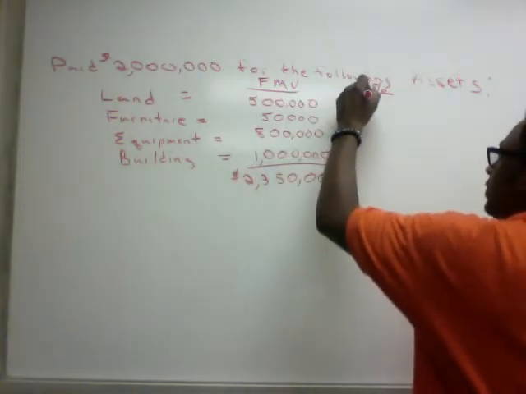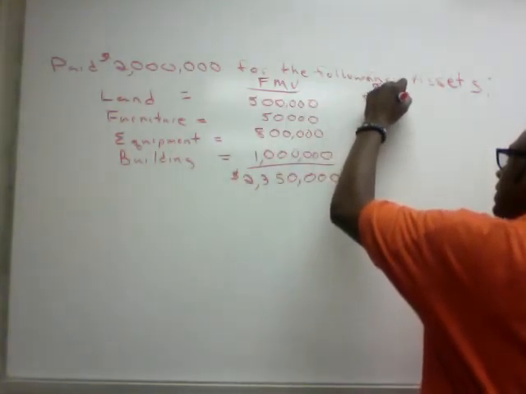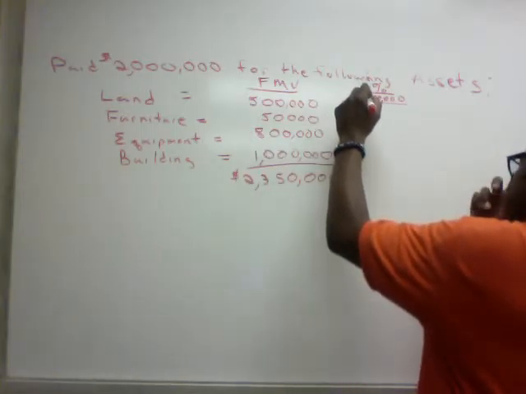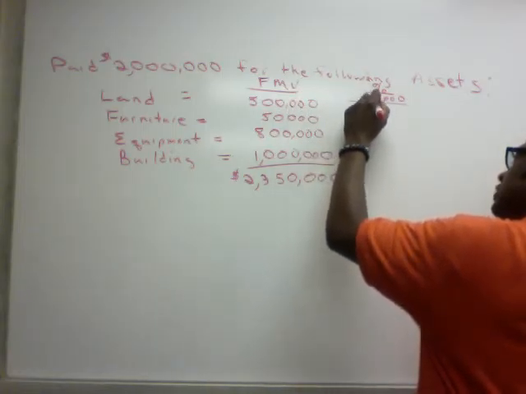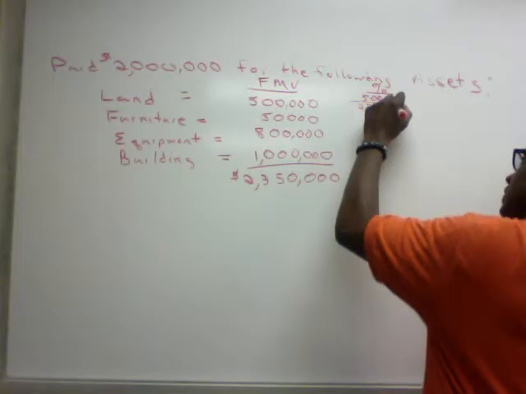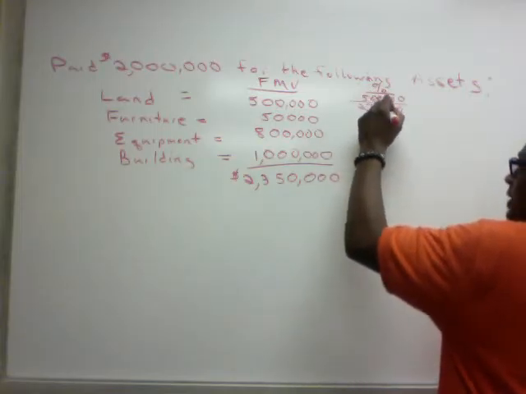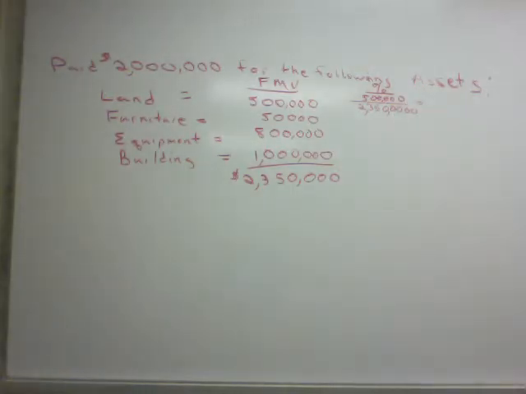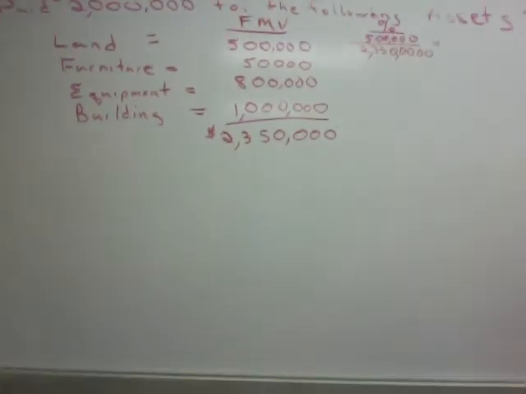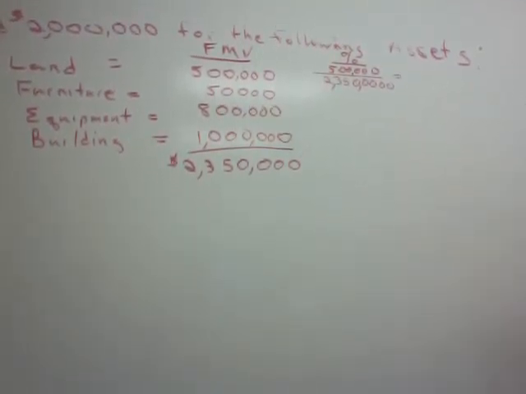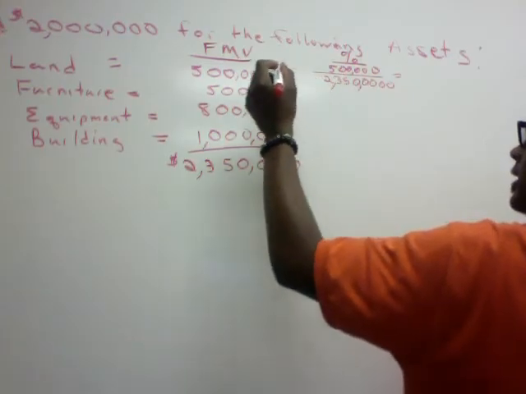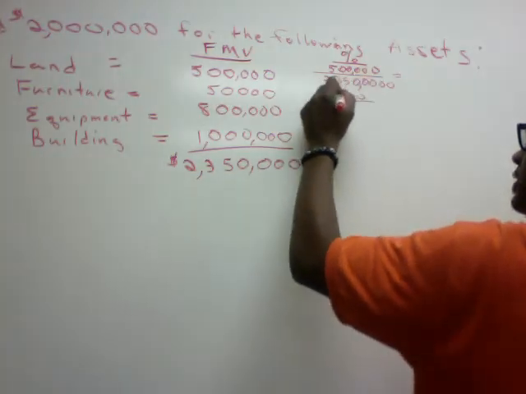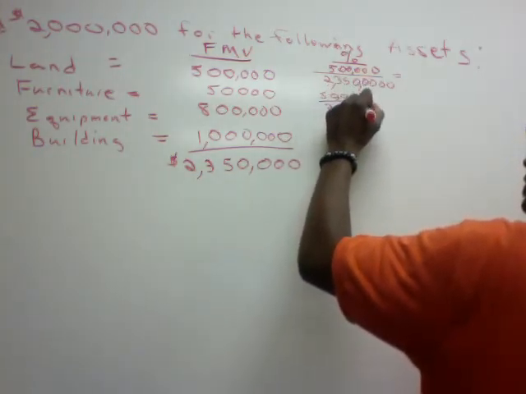You take the fair market value of the individual asset and divide it into the total. So we take the $500,000 for the land and divide it into the total of 2.35 million, and that will give us a percentage. For the furniture, we would take the $50,000 and divide it into 2,350,000.